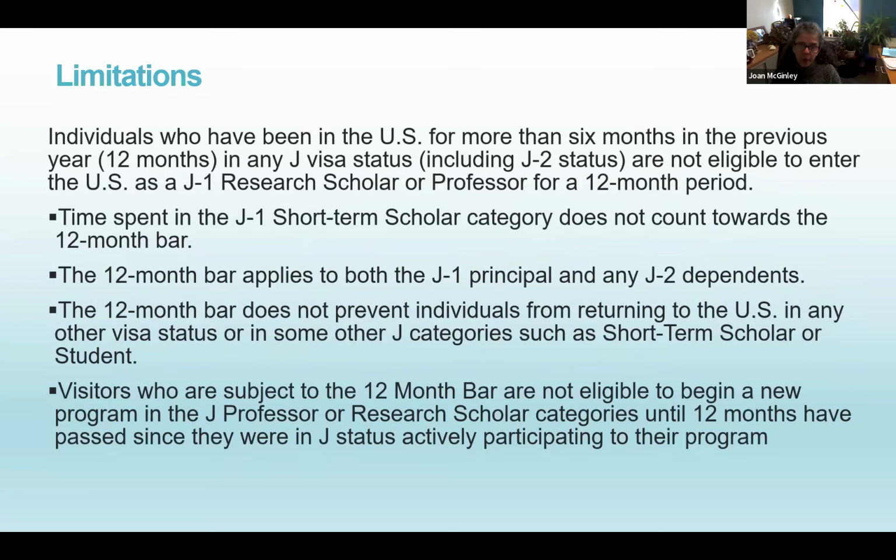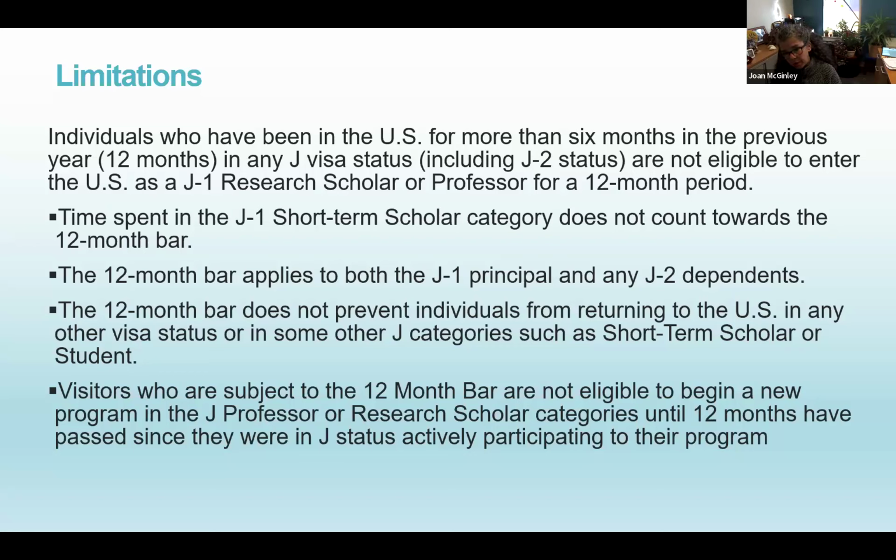Individuals who have been in the US for more than 6 months in the previous year in any J status, including J2, are not eligible to enter the US for a 12-month period. Time spent in a short-term program does not count towards the 12-month bar. It applies to both the J1 principal and the dependents. The 12-month bar does not prevent individuals from returning to the US in any other visa status.